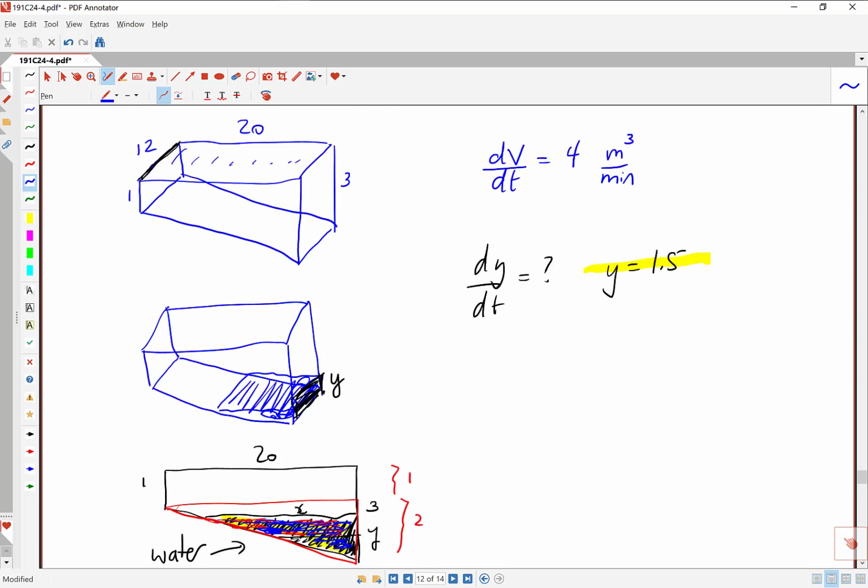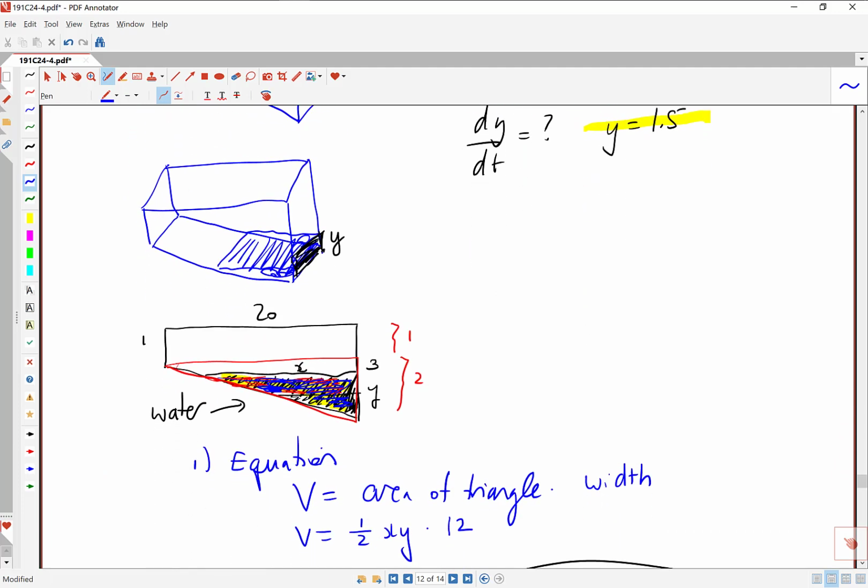So let's just run through what we've done so far. We drew a few different pictures of our swimming pool. I would say the most important picture by far is this one here, where we decided just to think about a cross section of the pool. And most importantly, we realized that the water throughout the problem would be just forming a triangular cross section.